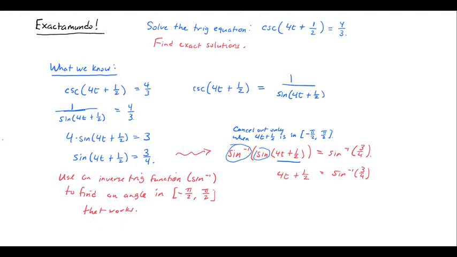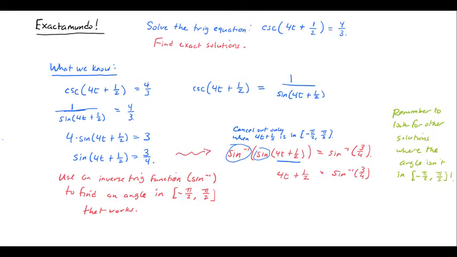This is a nice technique for unraveling a trigonometric equation, but I have to remember, and I'm going to put this in an ugly neon green: remember to look for other solutions when you do this, for other solutions where the angle isn't in -π/2 to π/2.